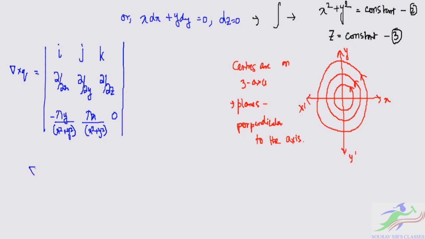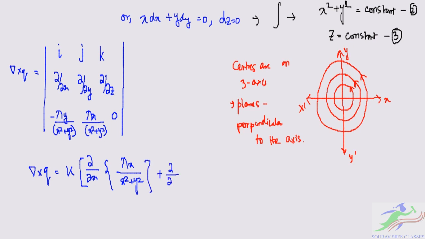Now this grad cross q is k times del by del x of lambda x by x square plus y square, plus del by del y of lambda y by x square plus y square.